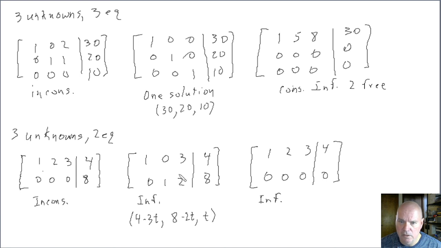Again, with two planes, if they're parallel, there's no solution. They don't intersect. Two planes could intersect on a line. That would correspond to the one free variable case. Or if they're overlapping planes, coincident planes, then there's two free variables in that case. Again, in both these cases, an infinite number of solutions.